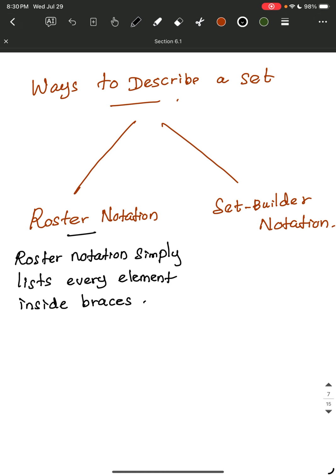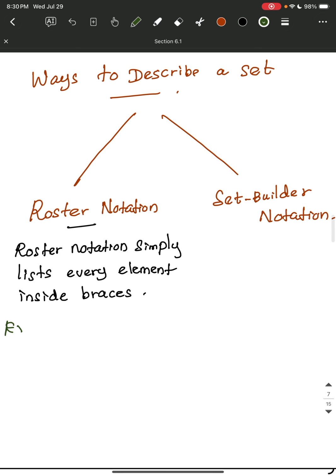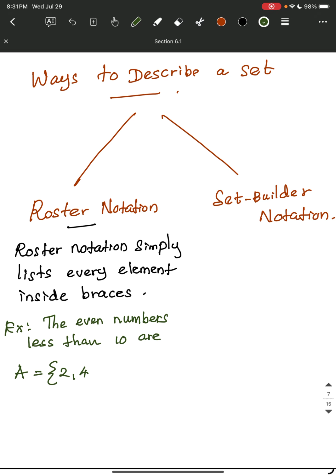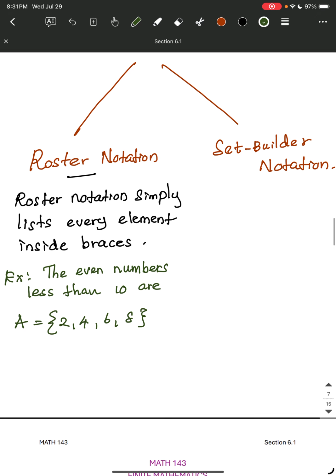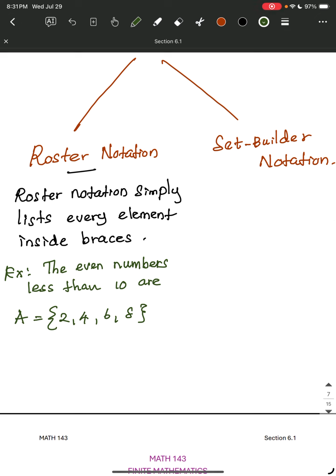For an example, the even numbers less than 10. Let's say the set A, the even numbers less than 10, is the set 2, 4, 6, 8. Just list every element inside the braces. Now the prime numbers less than 20.